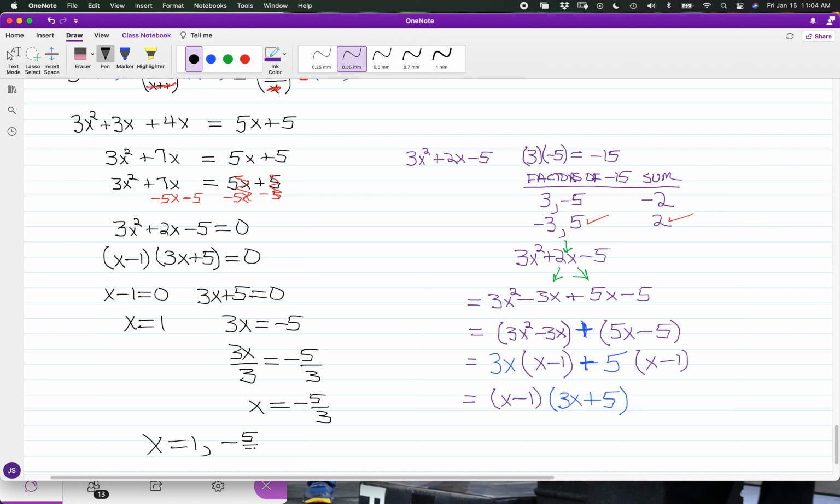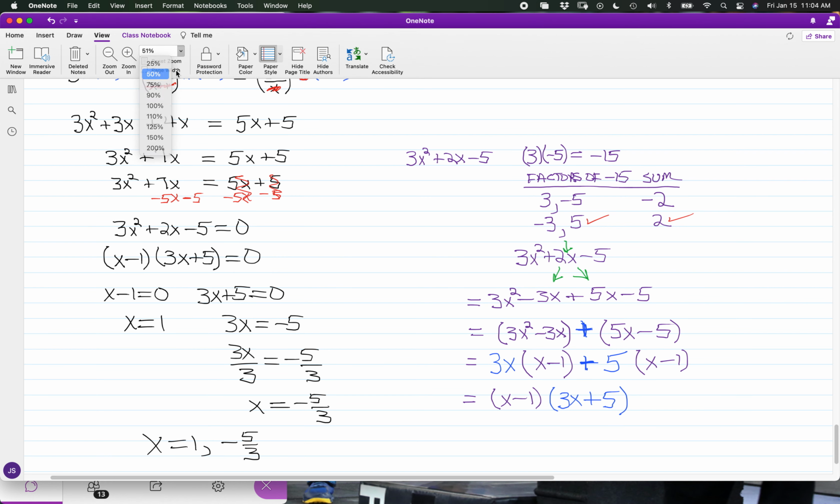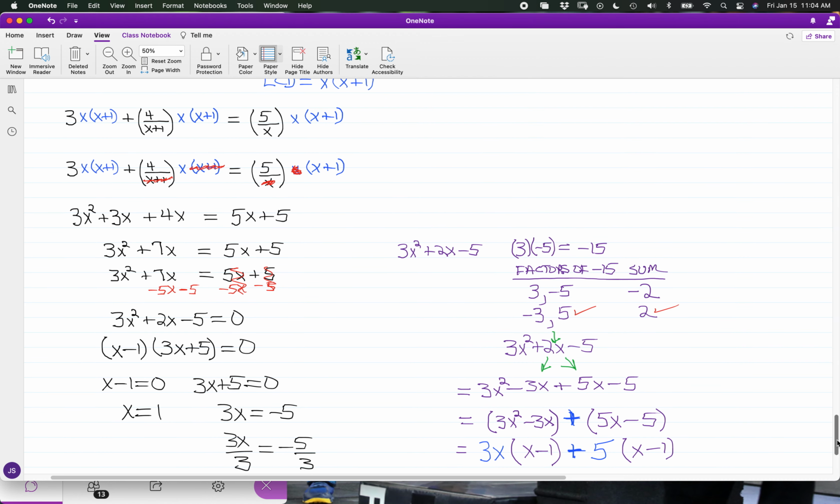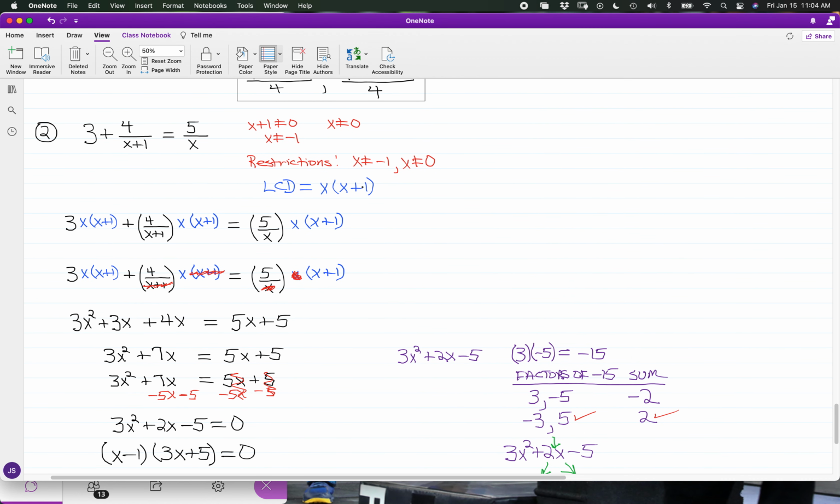Okay, and I was a little bit quick in asserting these as being the solutions, but let me just backtrack. We have x at 1, x at negative 5/3, and again the restrictions were that x could not be negative 1 or 0. Okay, so as long as you have done the algebra correctly and the resulting x values happen to not be negative 1 or 0, then those values check out.